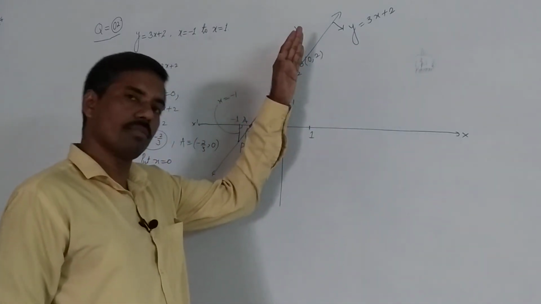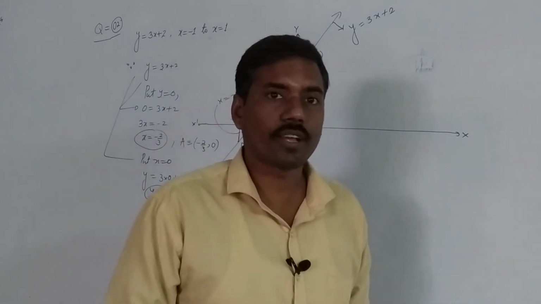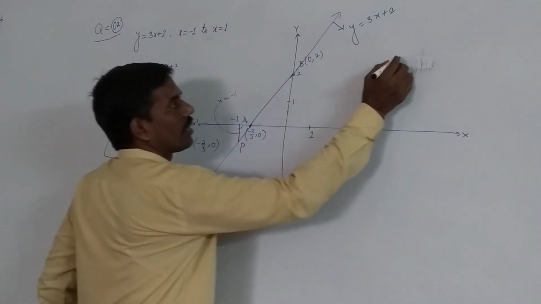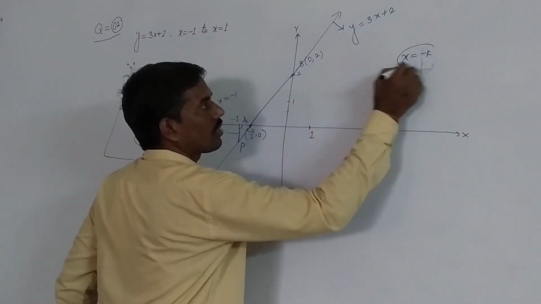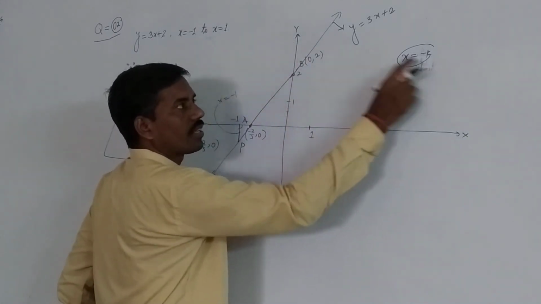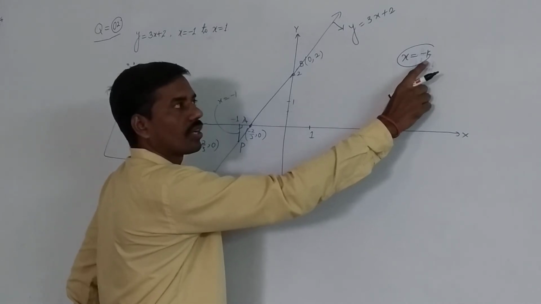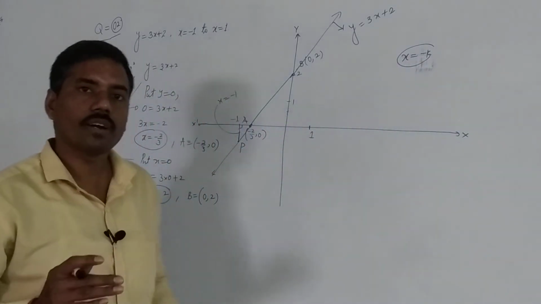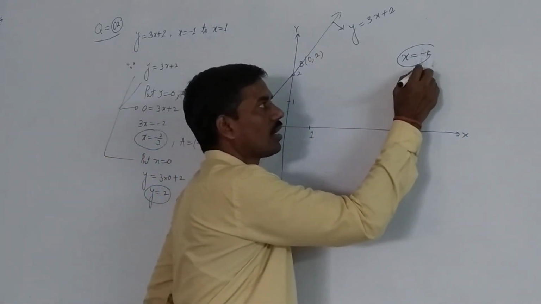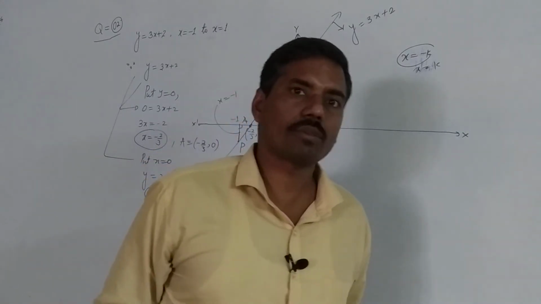Why? Since x is equal to minus k is the equation of a line parallel to the y axis at a distance of k units to the left side of the y axis. Negative means it stays on the left side, and positive, that is, if x is equal to k, then it is parallel to the y axis but on the right hand side of the y axis.